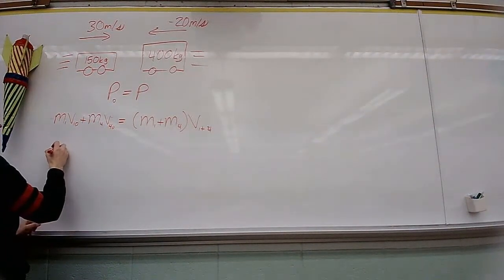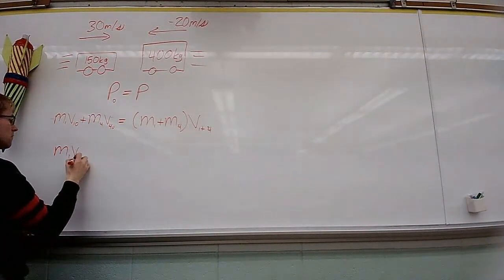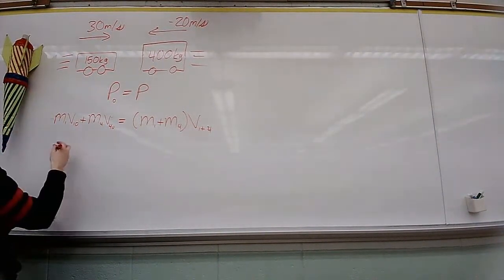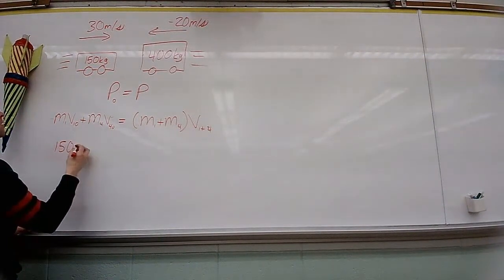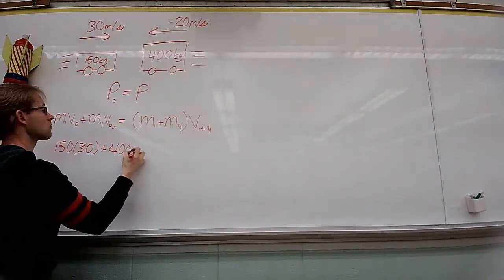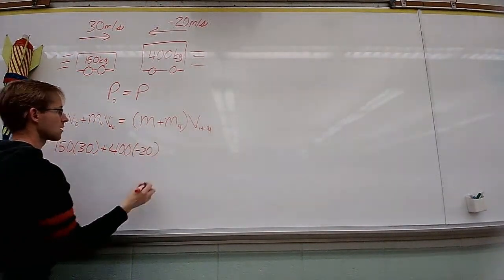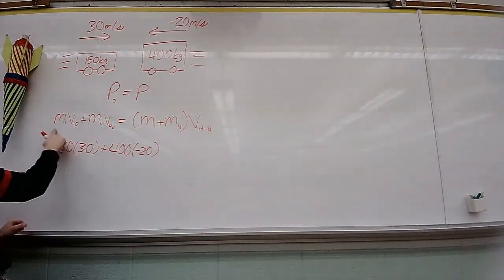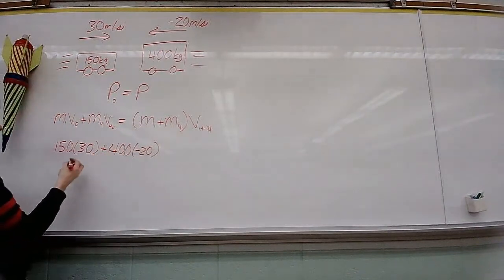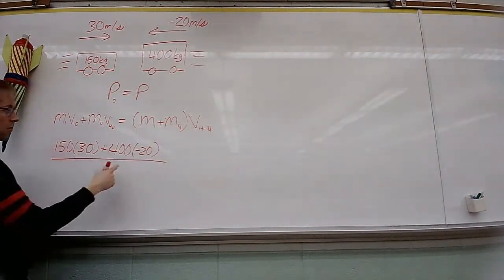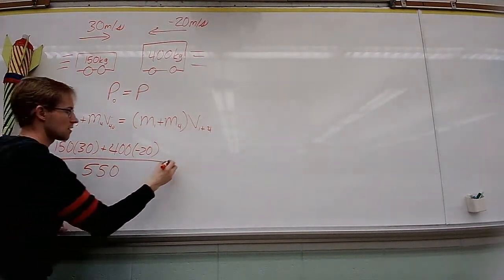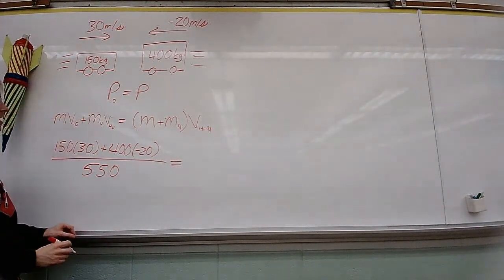So, I'll just put the numbers in here. So this is this right here, that's that. And then I got to divide both sides by the sum of the masses. 400 plus 150 is equal to 550. And that's going to get us that velocity.